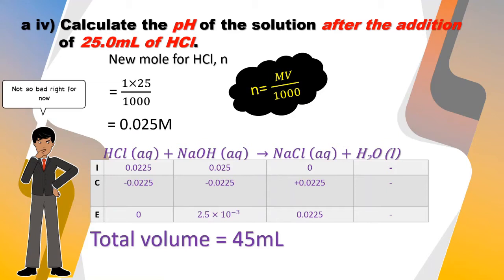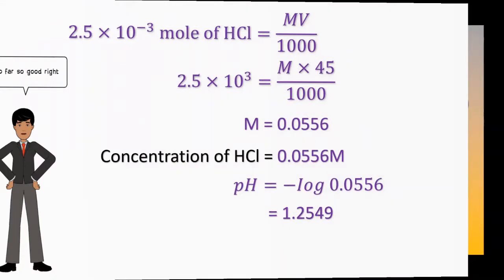And the next step is we form an ICE table. As you can see, the ICE table is formed as below. And remember that the total volume has now changed to 45 milliliters. So for now it's not bad at all. Let's just move on.